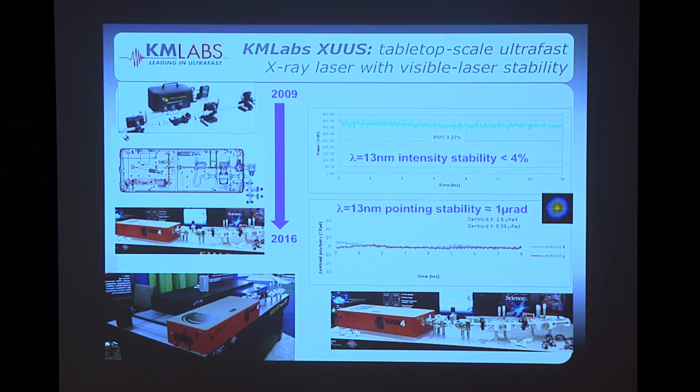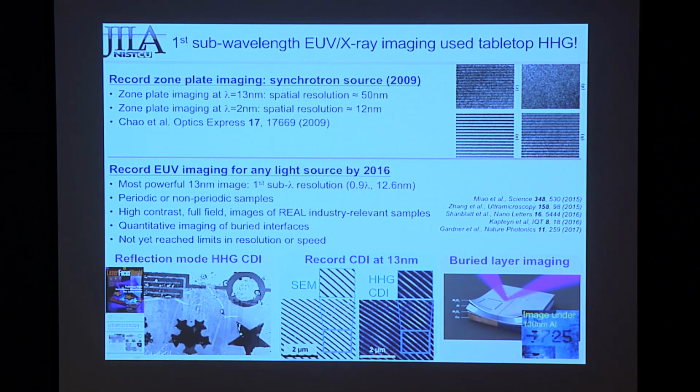So when we borrowed an engineered system, we were able to make the images, because the pointing stability and the intensity stability of the light source was good enough that it wasn't another variable in the imaging. And so interesting, this is the best image that anybody has made using this kind of source. It's still the record.